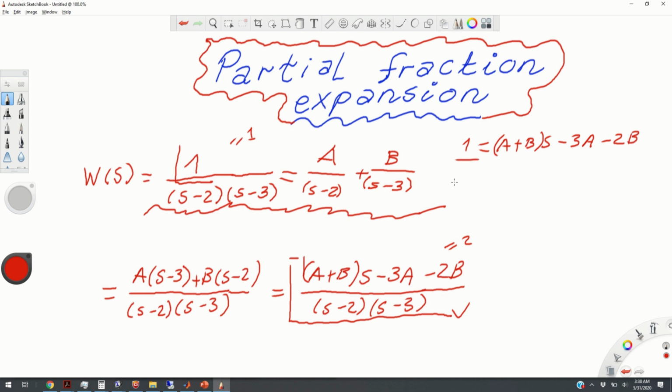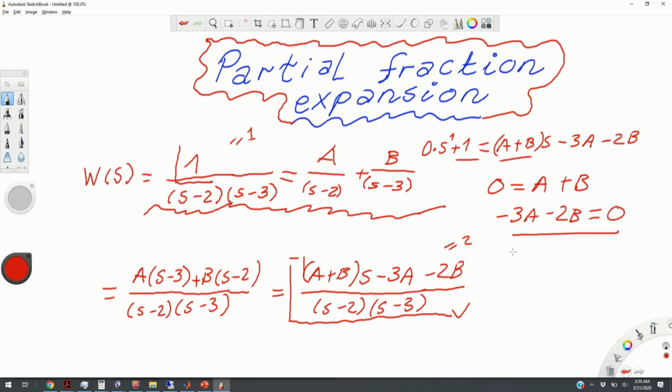Okay, so on the left hand side we have a polynomial, and on the right hand side we have a polynomial. These two polynomials are equal if the terms multiplying the s terms with a certain power are equal. So we can write the left hand side as 0 times s plus 1. We can clearly see that 0 is equal to A plus B, and that minus 3A minus 2B is equal to 1.